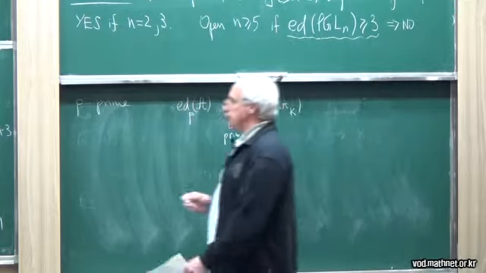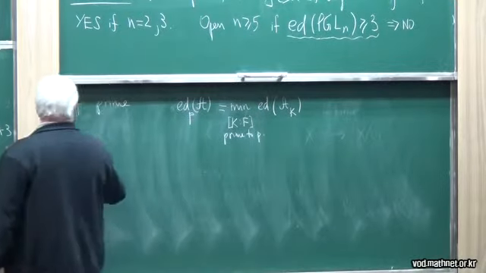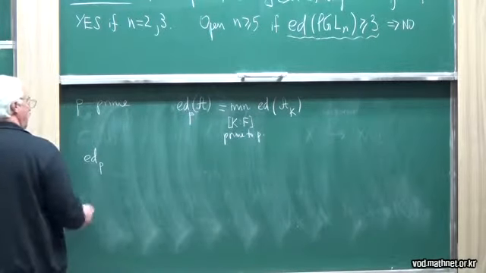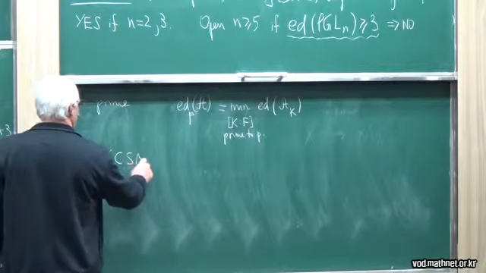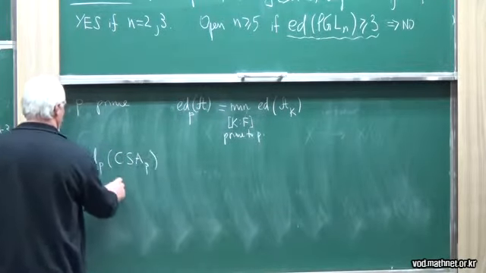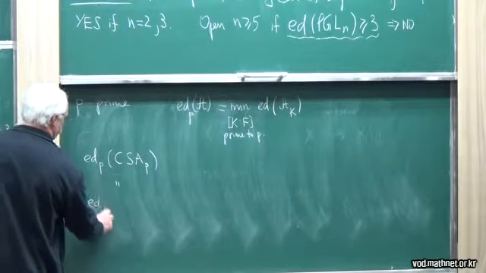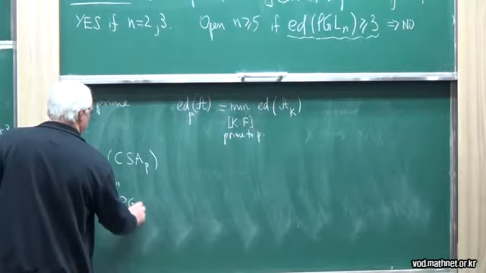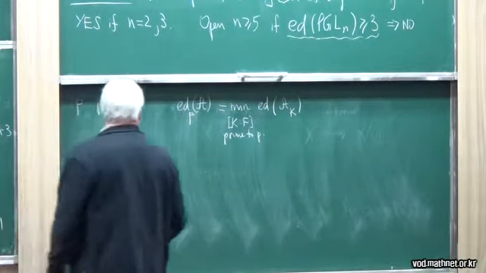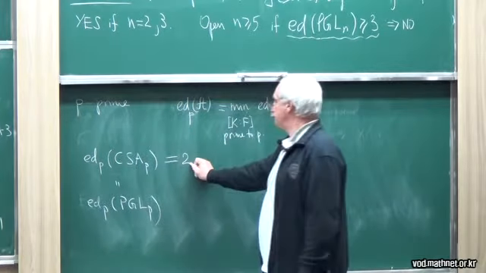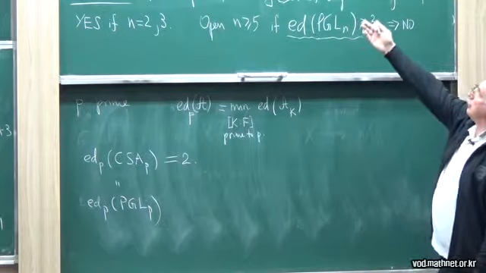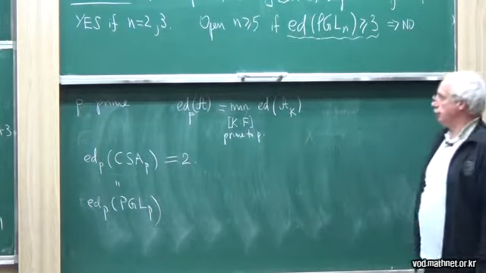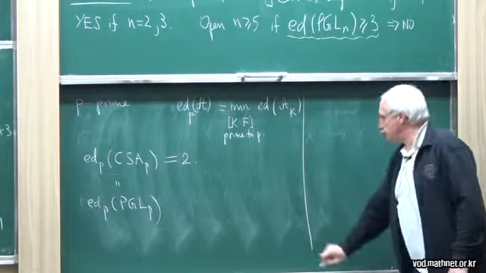In this case, we can see that the essential dimension of the class of central simple algebras of degree p, which is the same as the essential dimension, of course, of PGL p, is equal to 2. Because, well, it turns out that the following is true.